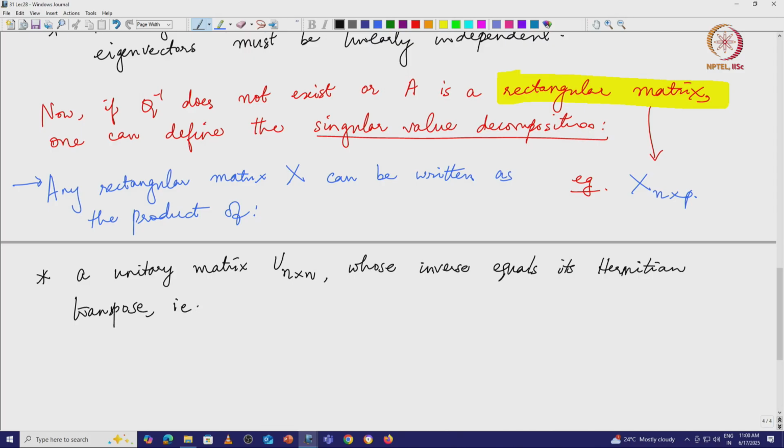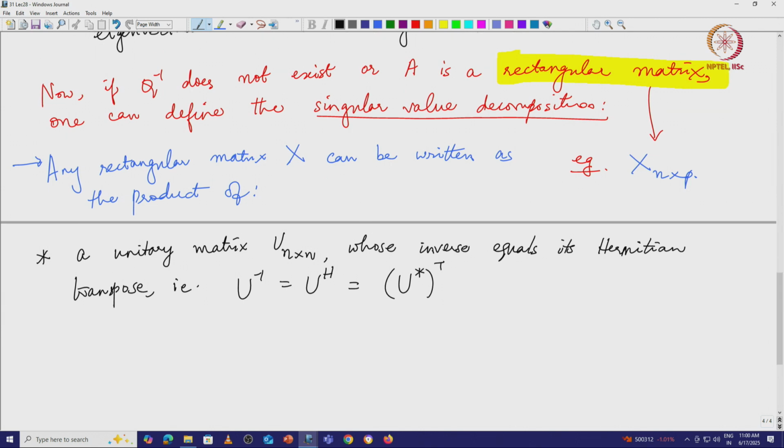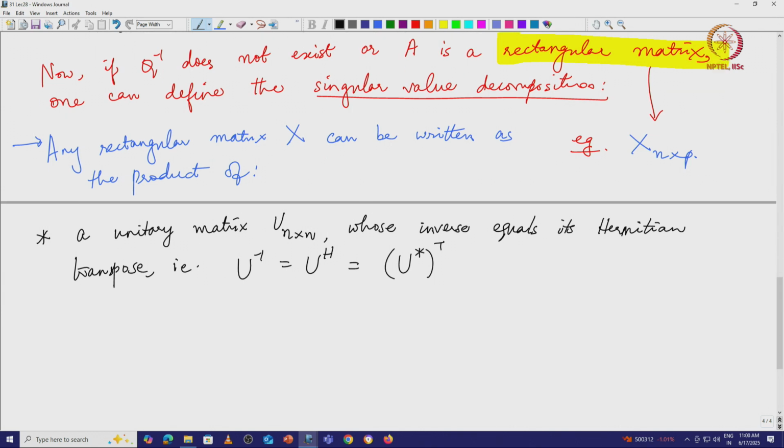So, essentially U inverse is equal to the Hermitian transpose of U, and you know that the Hermitian transpose is basically the complex conjugate transpose of the matrix, right. You take the complex conjugate of every entry and then you take the transpose. Okay. So, this is the U matrix.